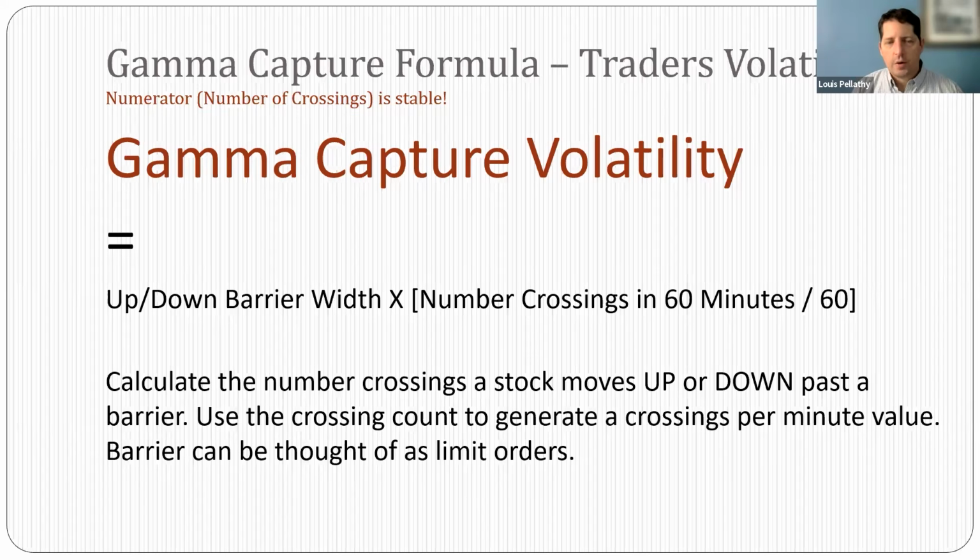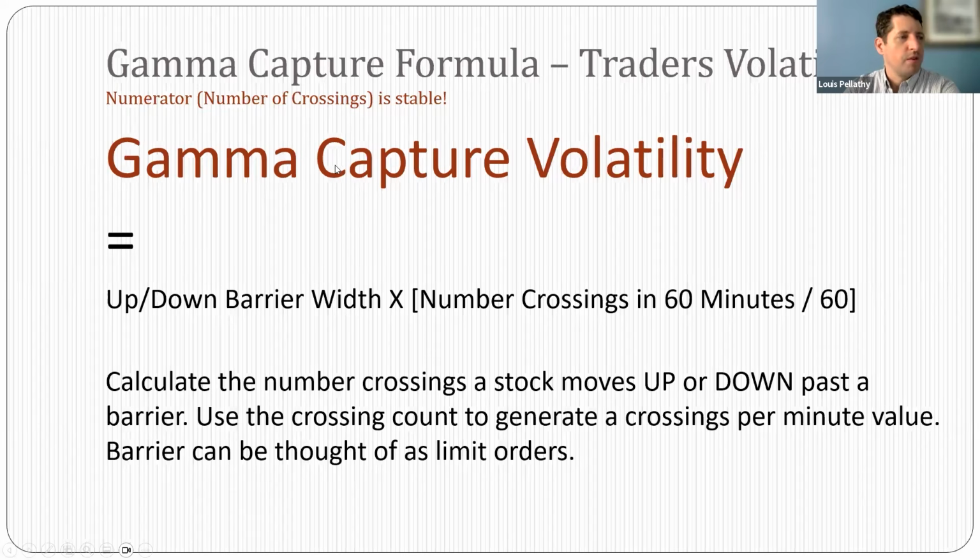Let's say there were 180 crossings in an hour, that's an average of 3 per minute. So you can see that this numerator never explodes, so to speak. Even with outliers, the outliers just add more counts, but it doesn't destabilize the measure.